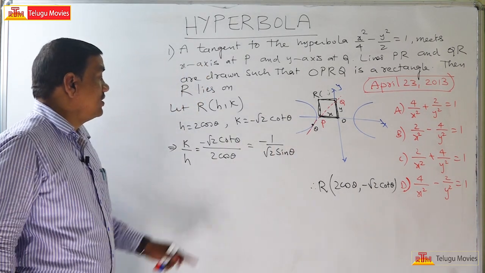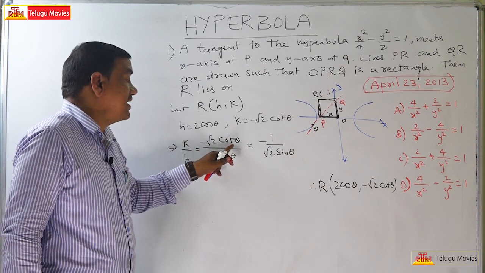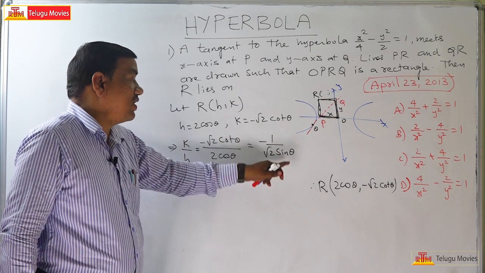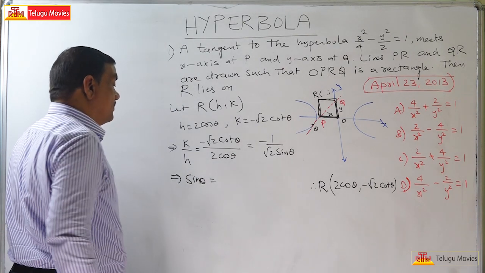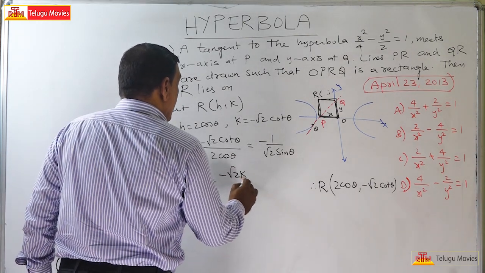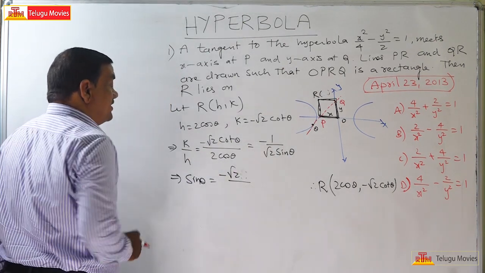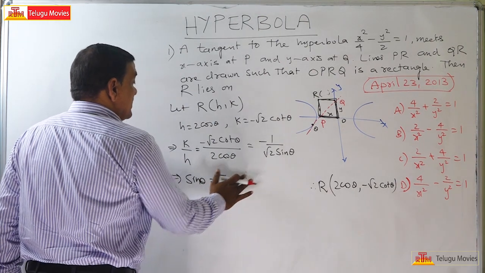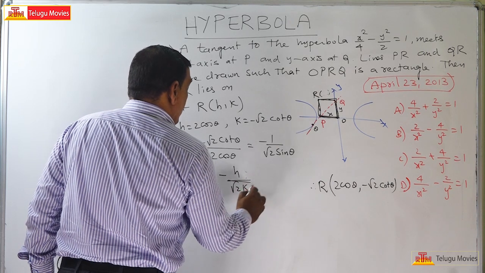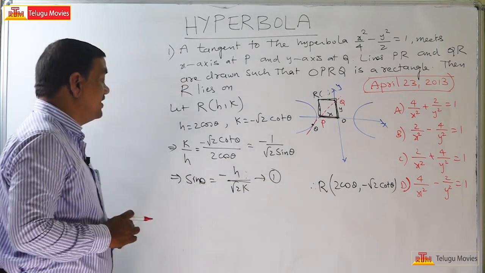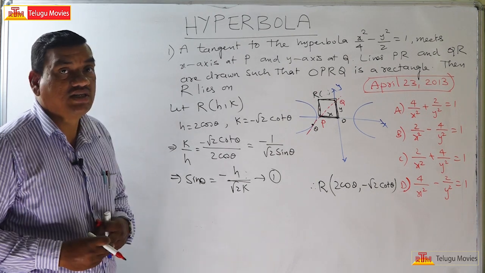So sin theta is equal to minus h by root 2 k. Call it equation number 1.